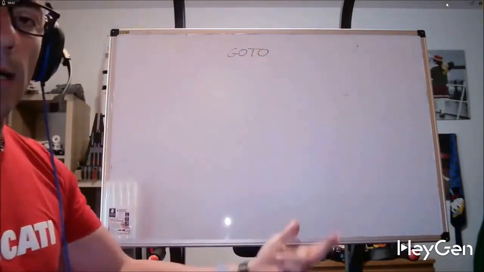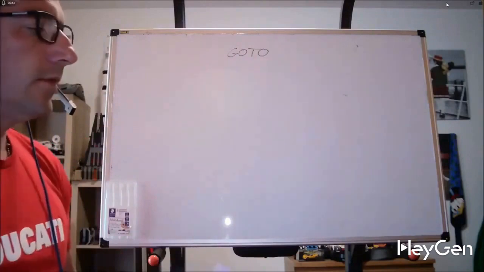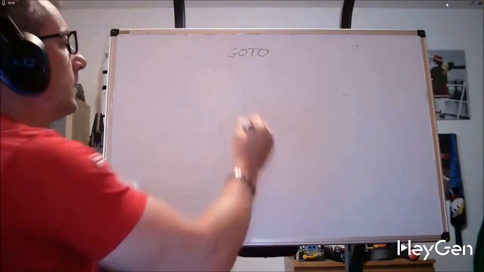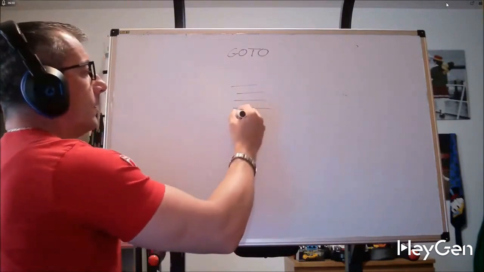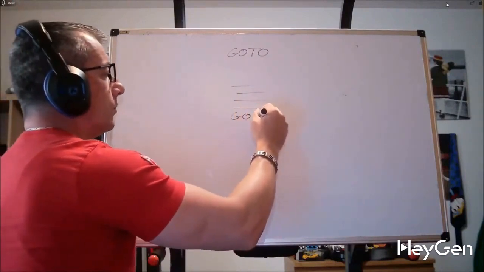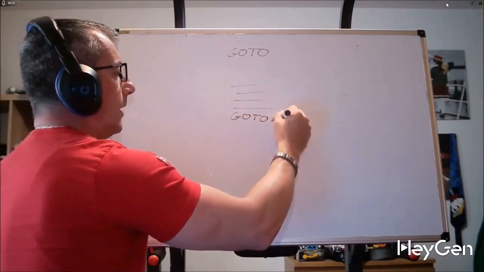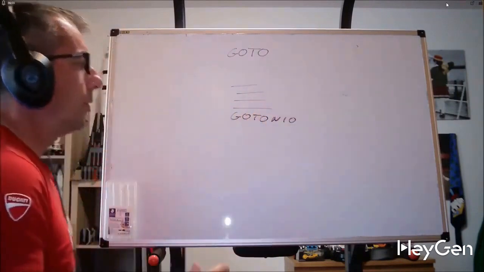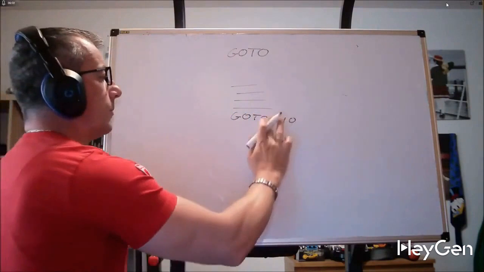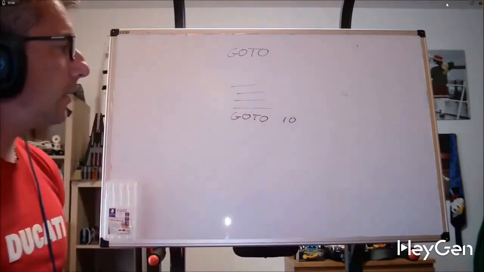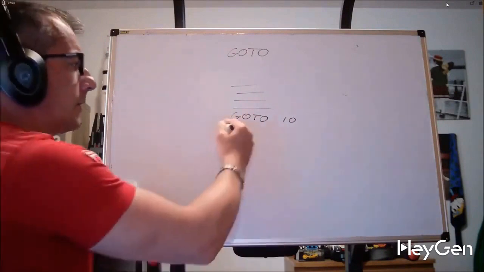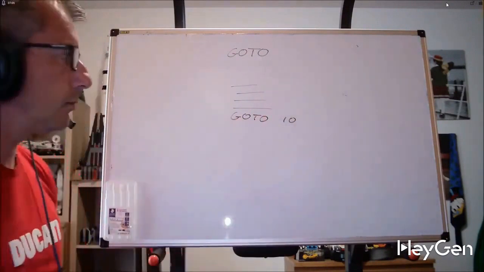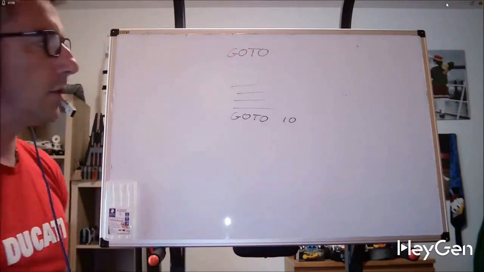So if I have a series of blocks and I write go to 10, for example, in the case of FANUC, the N isn't needed. What will the machine do? It will make an unconditional jump regardless of what's written above, no matter what, to block number 10.